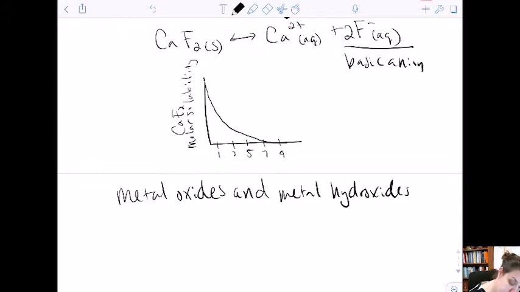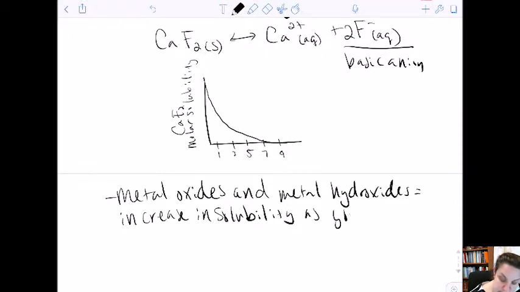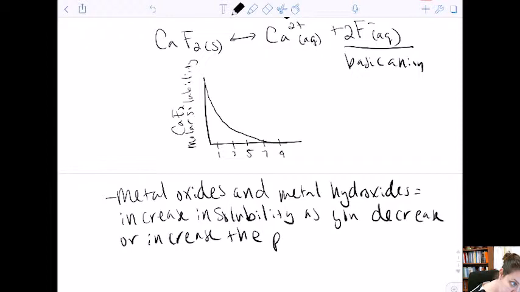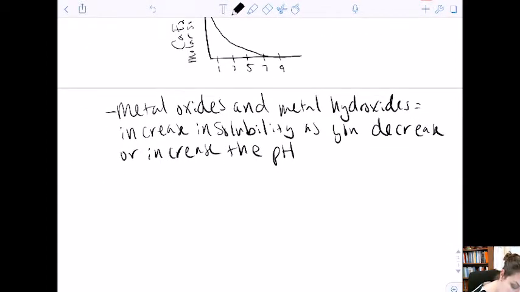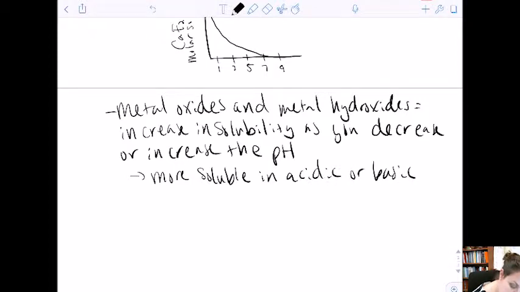So metal oxides and metal hydroxides will increase solubility as you decrease or increase the pH, as in, be more soluble in acidic or basic solutions versus pure water.